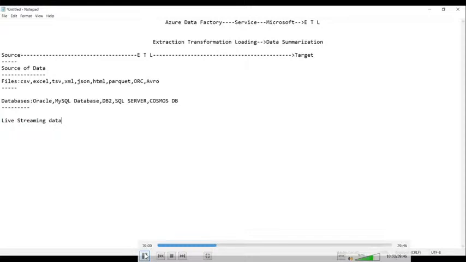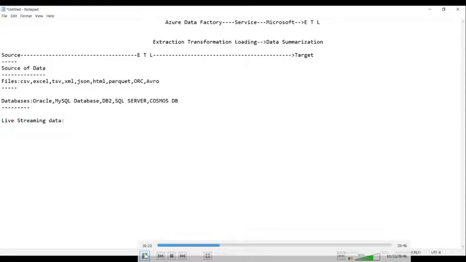We always see the live cricket match. What happens? The score changes every minute, every 2 minutes, every 5 minutes. Likewise, constantly changing live data is nothing but live streaming data. The data which streams live is called live streaming data. So we can also get the data from live streaming as a source.